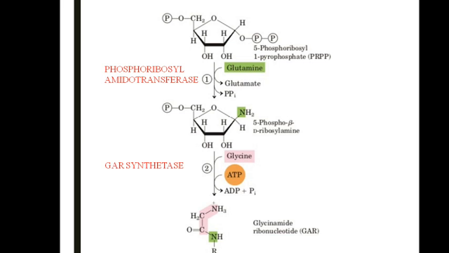So all are going to add to the purine ring, and thus the 9-membered purine ring is generated. The very first reaction is catalyzed by phosphoribosyl amidotransferase. It is the committed step of purine biosynthesis, and it is the rate limiting enzyme of purine biosynthesis. It is also subjected to allosteric regulation or allosteric inhibition. We are going to discuss that in a future slide.